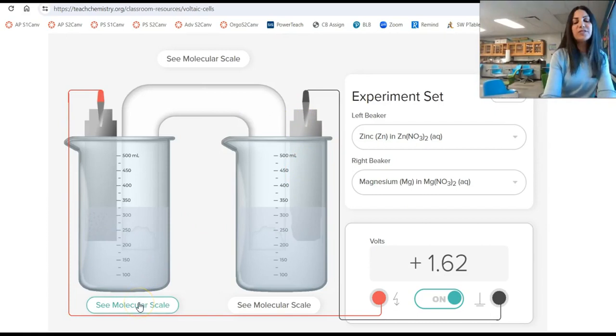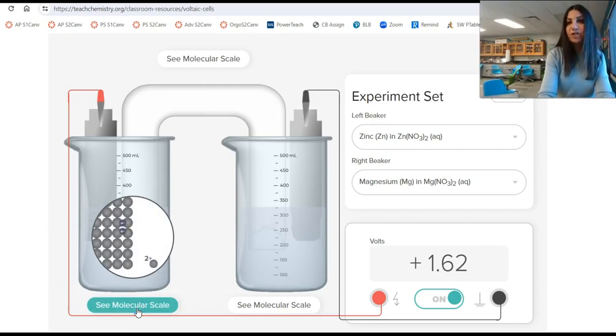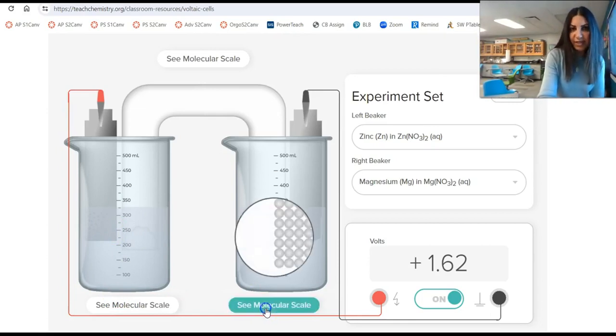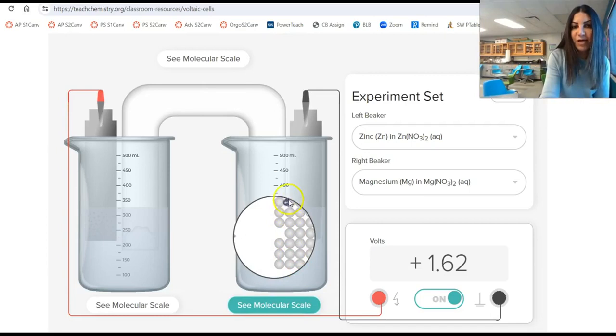So let's take a look at what's going on. Remember, at the reduction site, we should be gaining electrons, and at my oxidation site, I should be losing electrons. Notice here, when the electrons come on, I actually plate more on. Let's take a look at what's happening when we're losing electrons at the oxidation site. Here I can see that this is losing electrons, and the electrons are going to come up into the wire and go around.